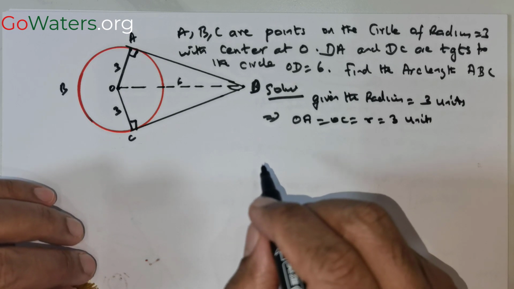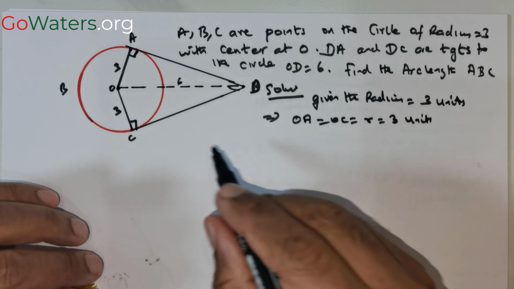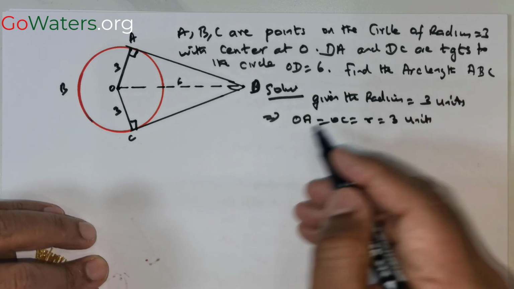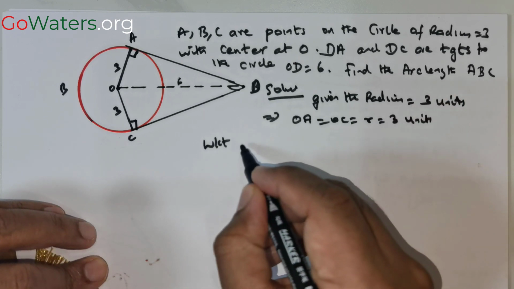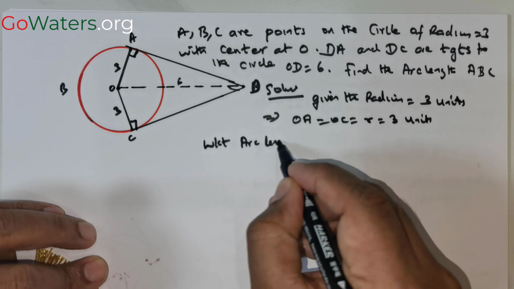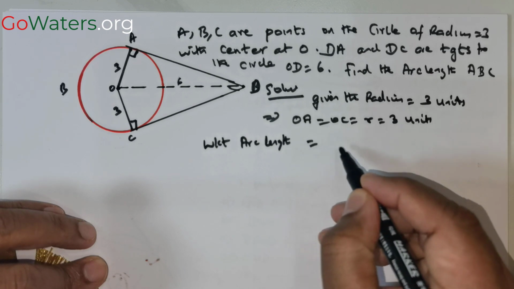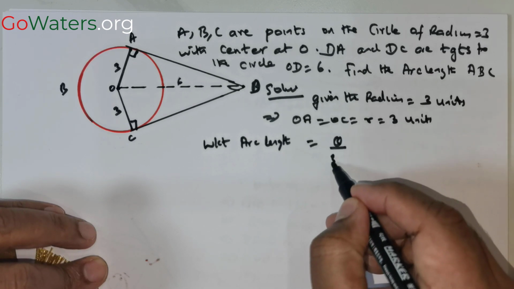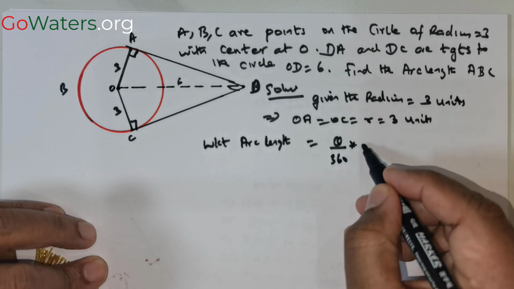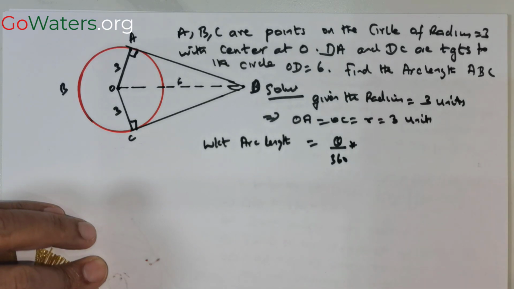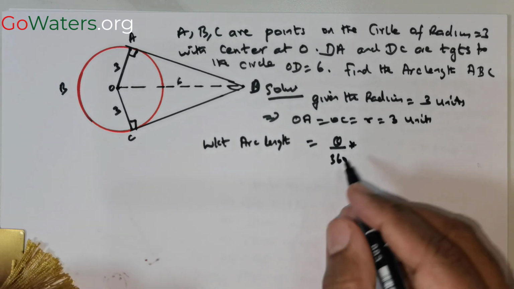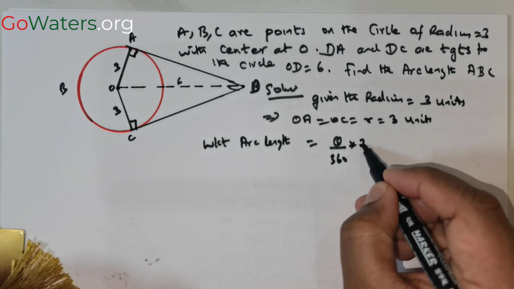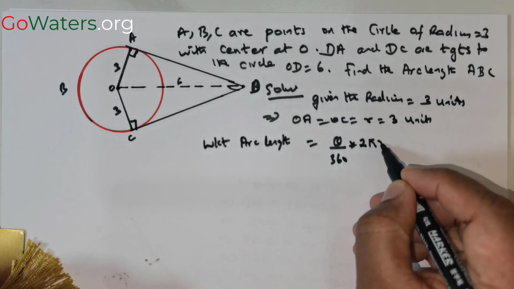Now the most important thing is to actually find the arc length of the arc. You can state the formula. We know that arc length is equal to theta over 360 multiplied by 2 pi r.